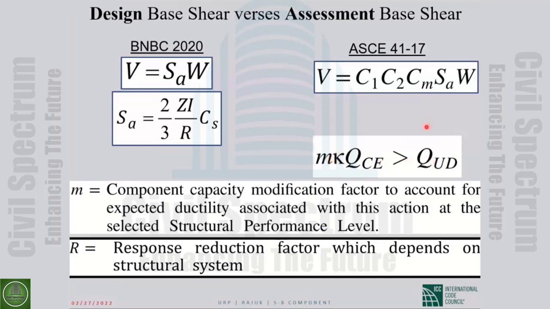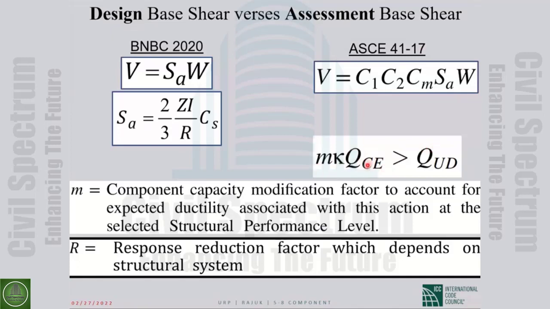So the general approach will be that we calculate the base shear for that specific level of earthquake. Then we apply that to the building. We expect that for all force control elements, their demand be less than their lower bound capacity.